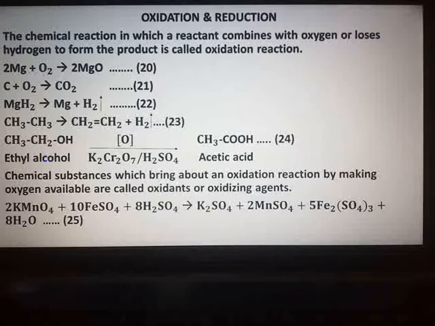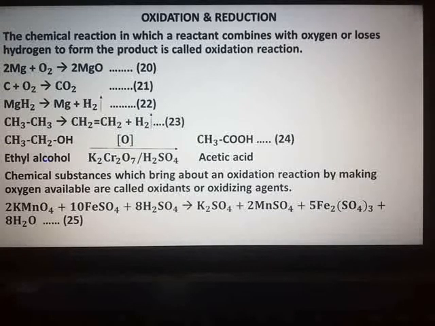Some other child will write that the above reaction is an oxidation reaction, because the reactant magnesium is combining with oxygen forming magnesium oxide. Both are correct. So here don't have the confusion. If the same equation belongs to two types, which type to mention?